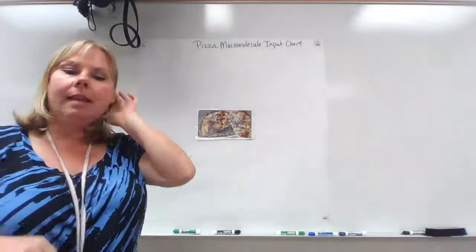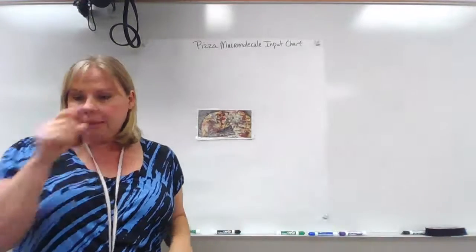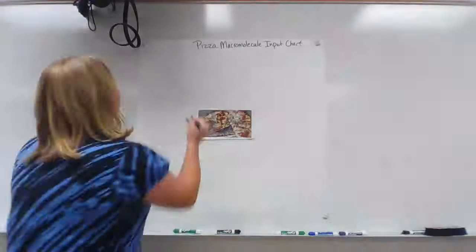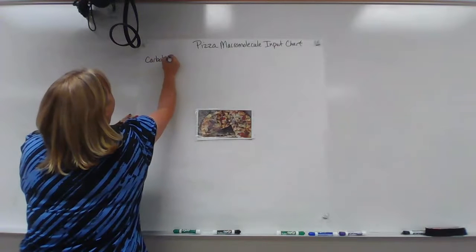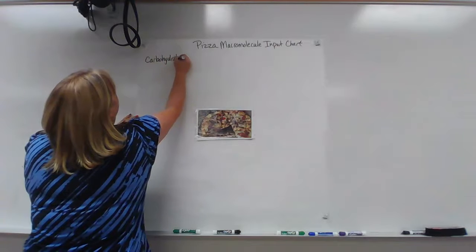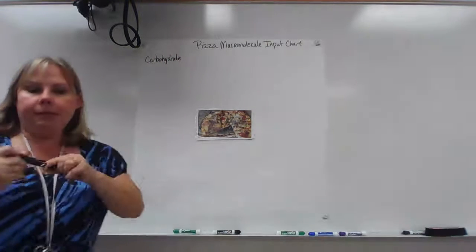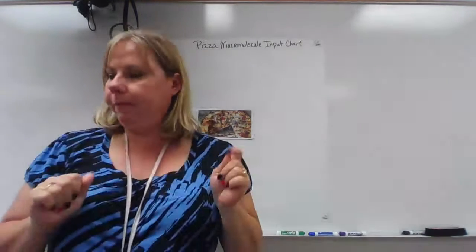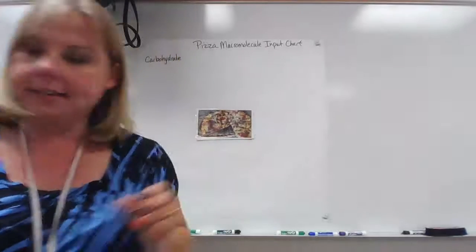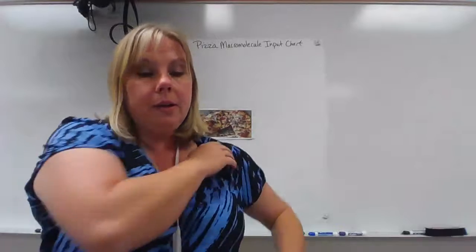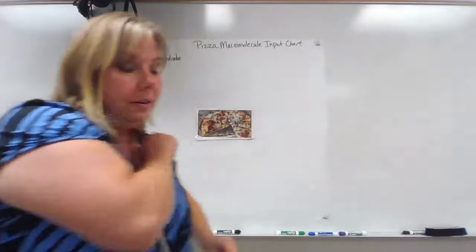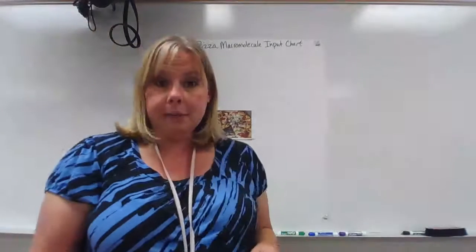Okay. The first macromolecule that we are going to talk about is called a carbohydrate. Now, you've probably heard of these words before in health class and things like that. Okay, so this should be really nothing new to you other than we are looking at them in kind of a different way.